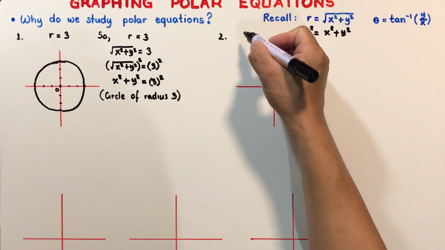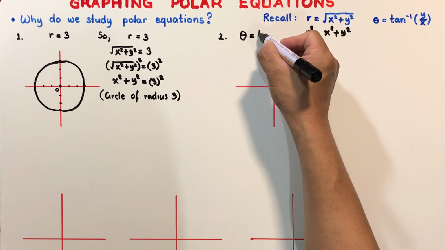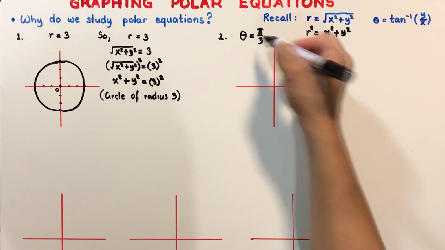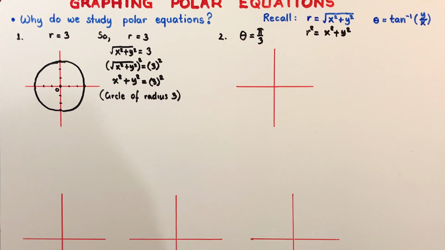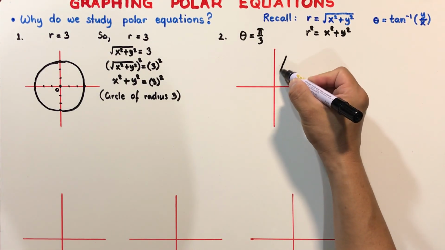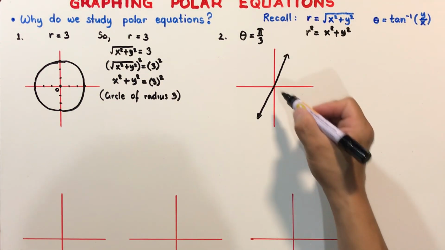Another example is when we have here theta, which is equal to pi over 3. This one is already a polar equation, and actually the graph of this is a straight line. It's a straight line that passes through the point of origin.